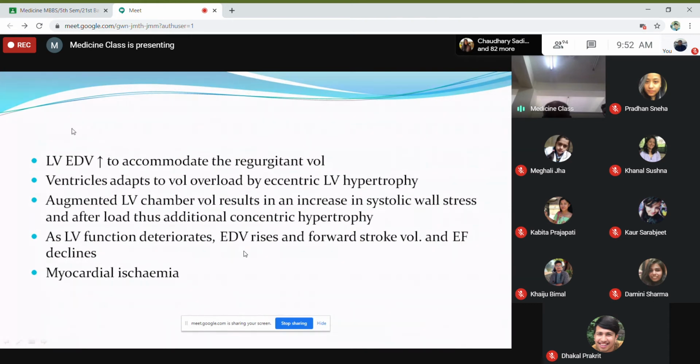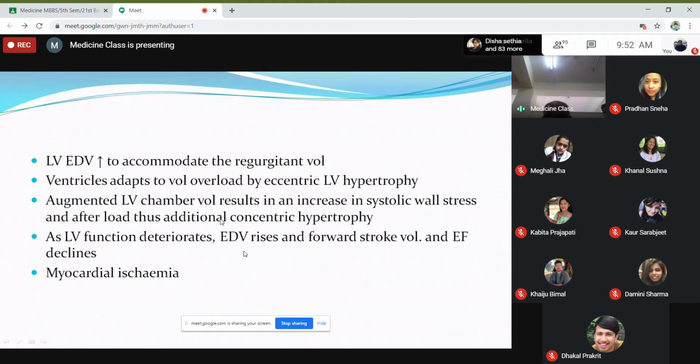To accommodate this end-diastolic volume, the ventricle gradually increases in size because of the volume overload, and it will become hypertrophied, and there will be left ventricular hypertrophy.